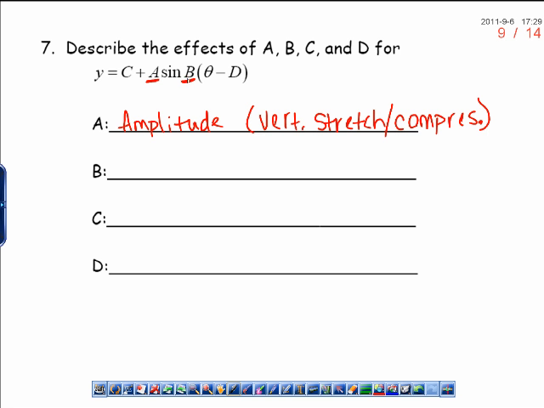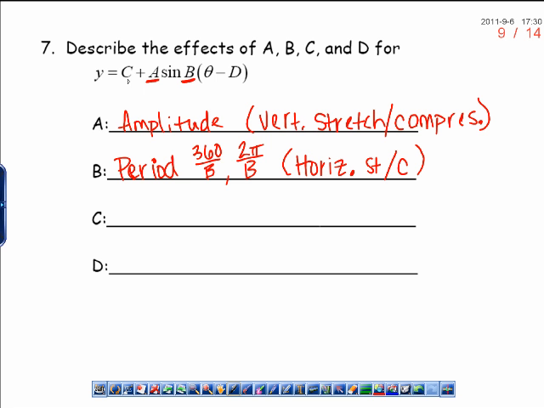All right, B. B is not the period, but it tells you what the period is. It tells you that the period could be 360 over B, or it could be 2 pi over B. It just depends on whether you're in degrees or radians. And this is a horizontal stretch or compression, depending on the number. Okay?